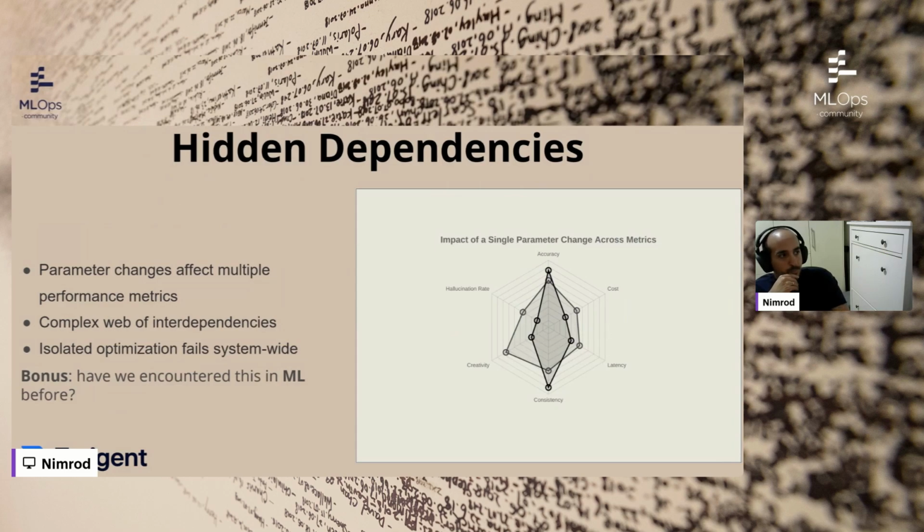Now, when we're talking about the space, it's not only that it's big, but it also has many dependencies. Some dependencies are obvious when it comes to your objectives. If I want to improve performance, I would take a smarter, more expensive model, but that would cost me more.